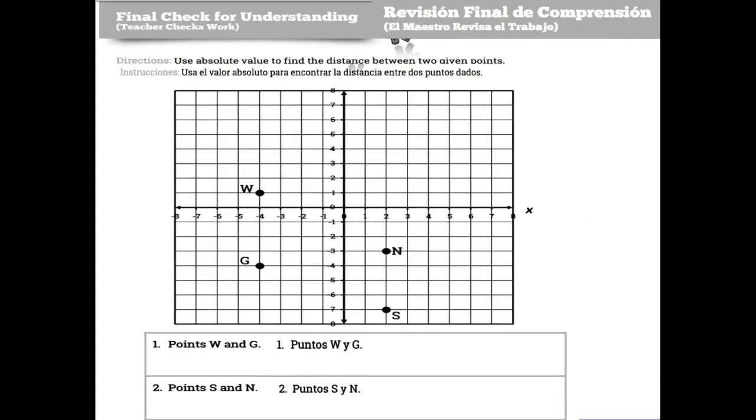So now, let's see if you're ready for the final check for understanding. You are working individually. You are not discussing and talking about this. You're going to find the absolute value to find the distance between W and G, and then between S and N. Okay, so again, you want to find the coordinate points.